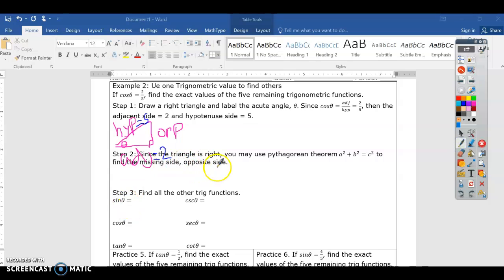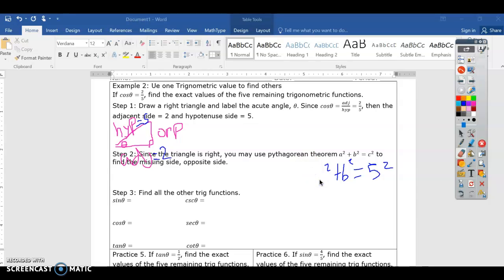Since my triangle is right, I may use the Pythagorean theorem to find the missing side, my opposite side. The hypotenuse is my longest side, so that's my c value. So 5 squared equals a squared plus b squared. It doesn't matter which is a or b; one of my sides is 2.